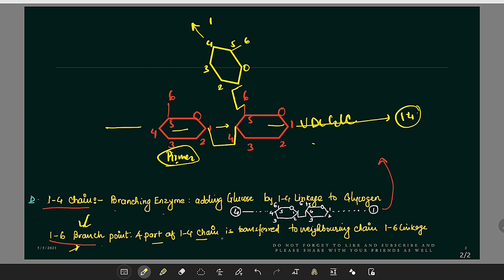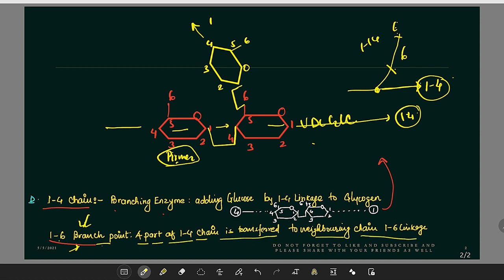So apart from the 1,4 linkage, a long chain, suppose 11 glucose residues have already been synthesized through 1,4 linkage. Out of 11, 6 residues are transferred to the branching point, and they elongate further as a 1,4 linkage. So what is happening in the 1,6 branch point? A part of the 1,4 chain is transported to the neighboring chain by 1,6 linkage.